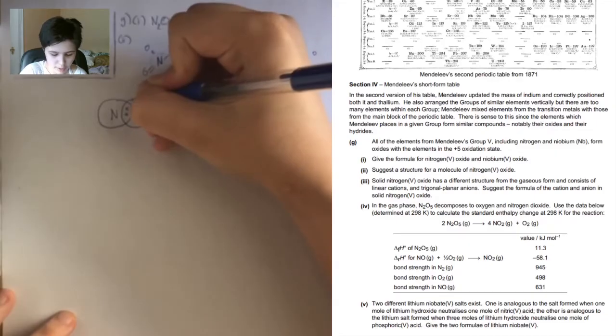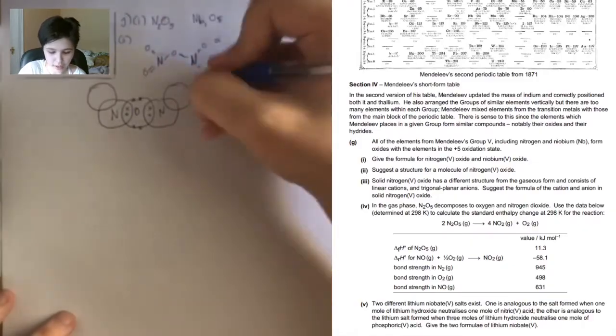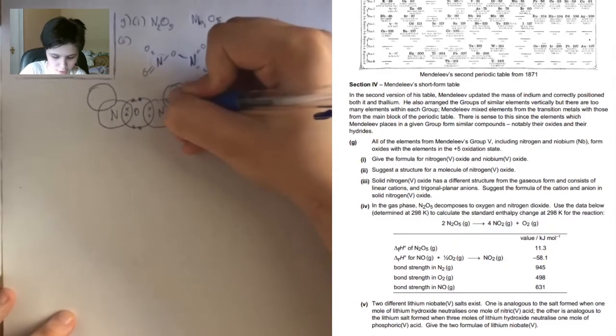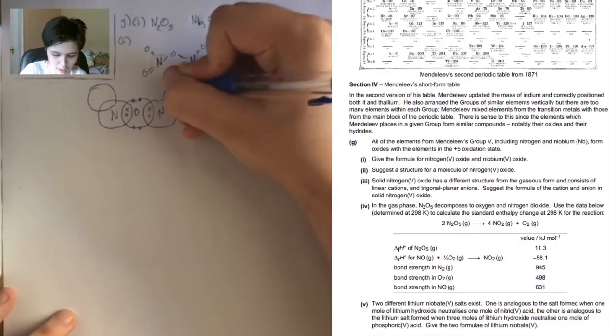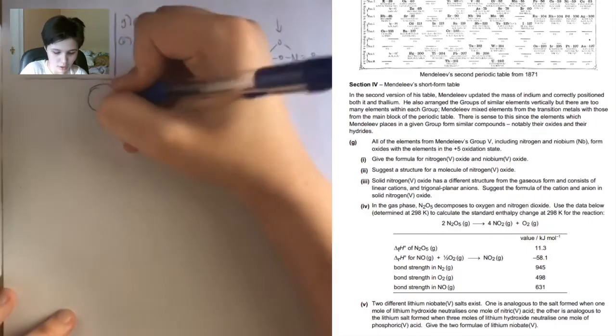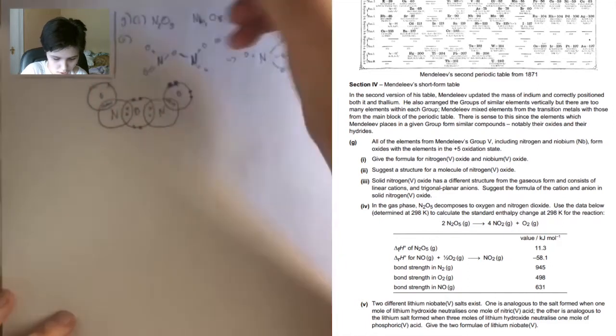Oxygen does its own stuff with its lone pairs here, and then double bond with another oxygen, because that does give the nitrogen its normal triple bond. So no, sorry, double bond is safe. Oxygen, double bond. Sorry.